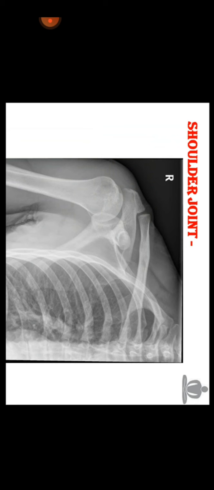Again, I would like to repeat, because mainly in Ayurvedic practice, only this AP view is very important and not other views. If we are treating the cases with the help of Ayurveda, then only these 3-4 points are very important. This is acromion.